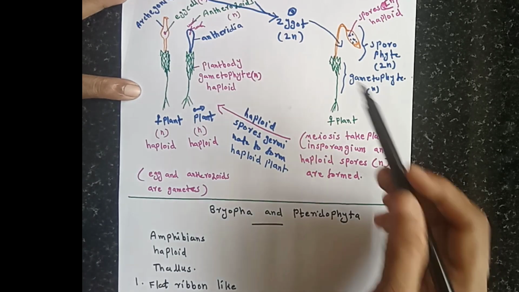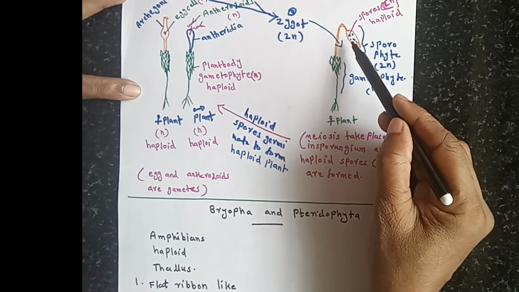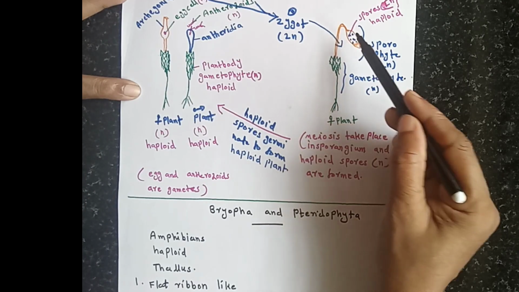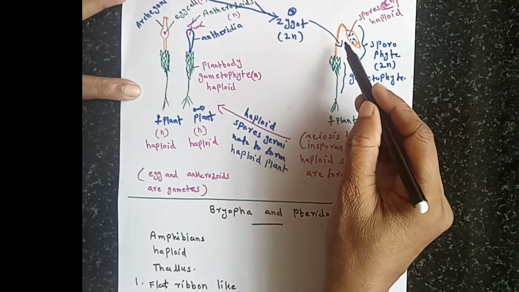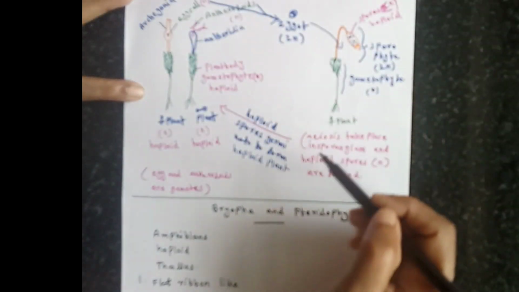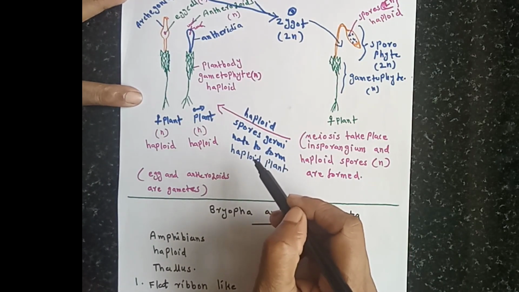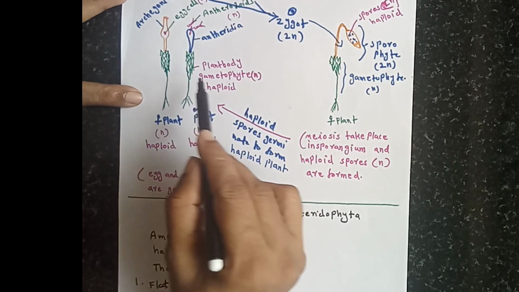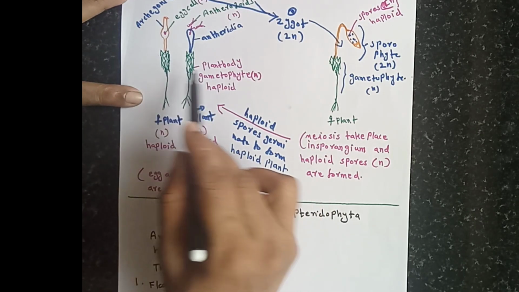Meiosis takes place in the sporangium. Meiosis, or reduction division, occurs in the sporangium and produces haploid spores. These haploid spores germinate in soil to form haploid plants.